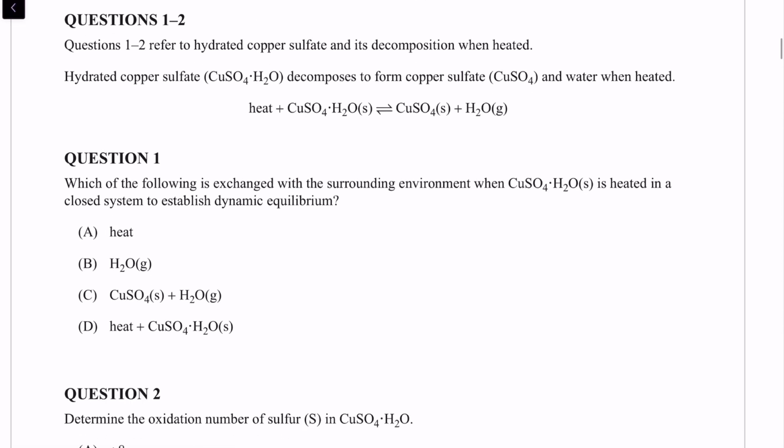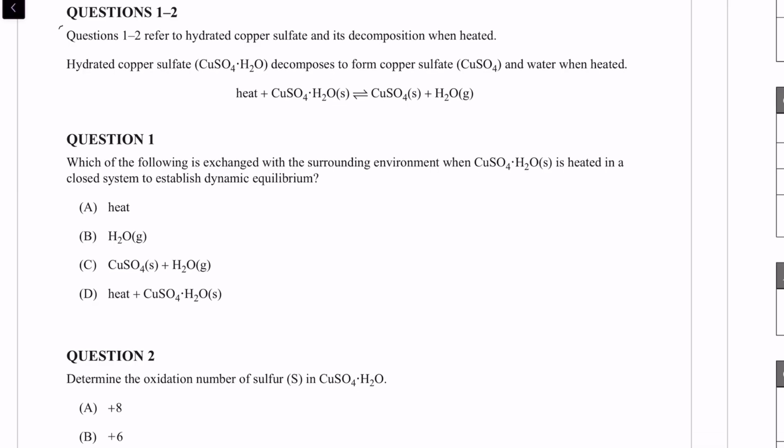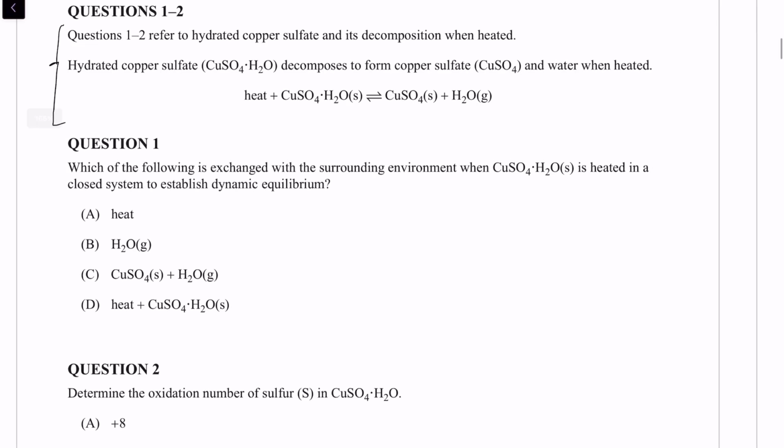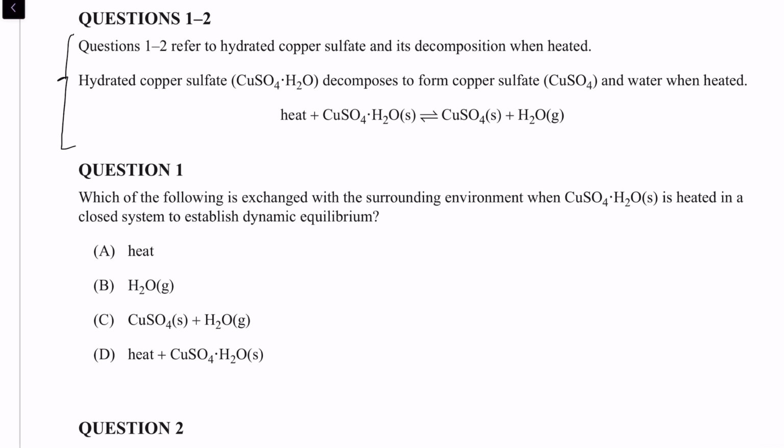So question 1 to 2, it's like a combined scenario, and then we have both question 1 and 2 related to each other. So we have the hydrated copper sulfate and its decomposition when heated.